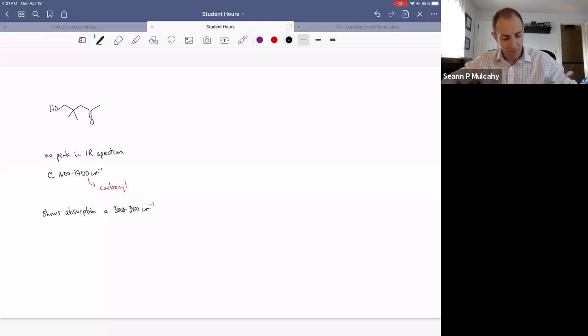In the NMR, there are no peaks above 150 ppm. But there is a peak at 110.